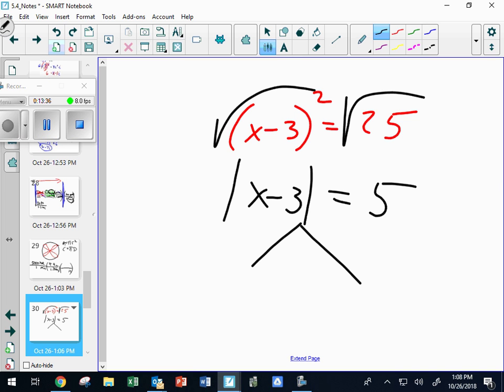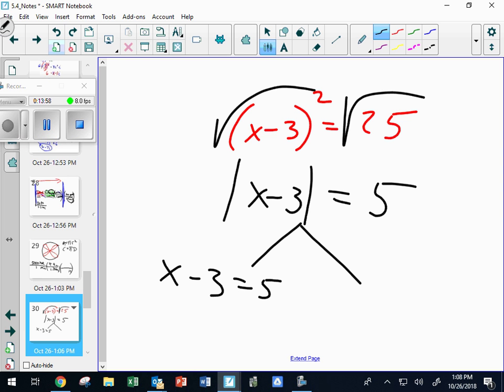Split it. 2 equations. The first one's easy. I think you're stuck in the mode of I'm trying to get x alone. You're not trying to get x alone. You're trying to write me a nice simple equation that doesn't have absolute values in it. I'm going to help you. X minus 3 equals 5.